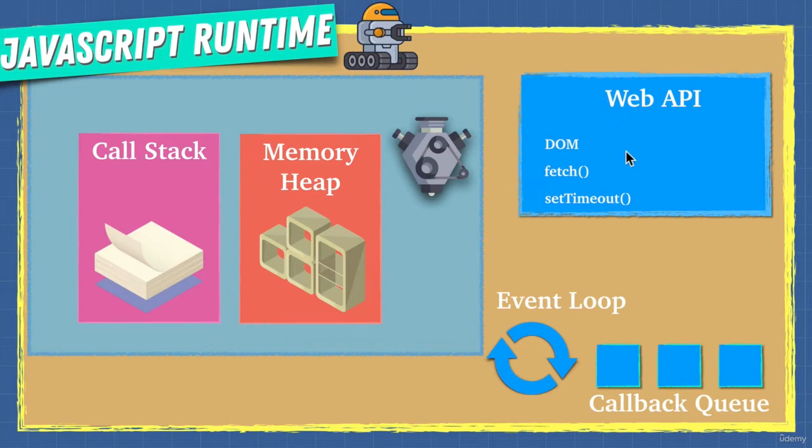These web APIs are applications which can do a variety of things like send HTTP requests, listen to DOM events, maybe click events on a DOM, delay execution using something like set timeout, can use set interval. It can even be used for caching or database storage on the browser.